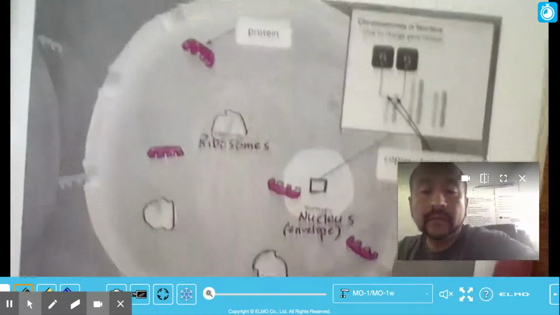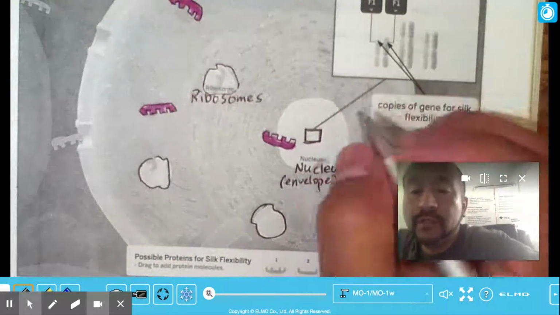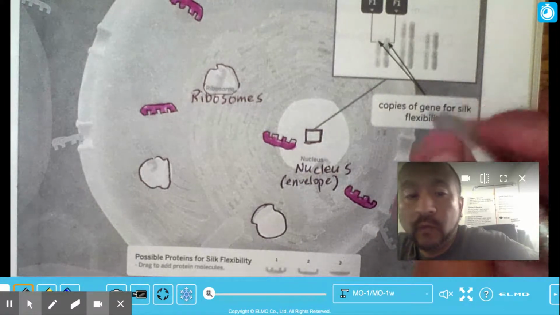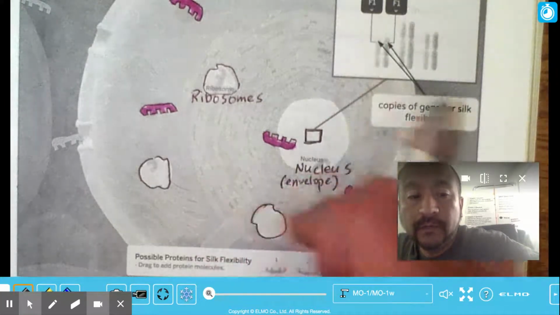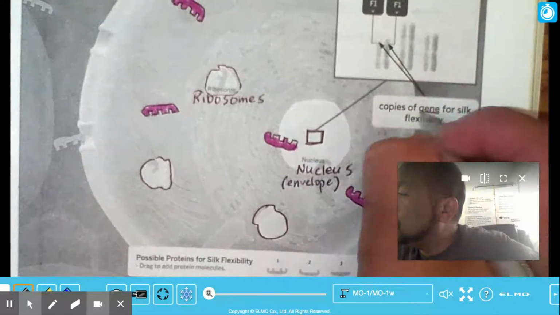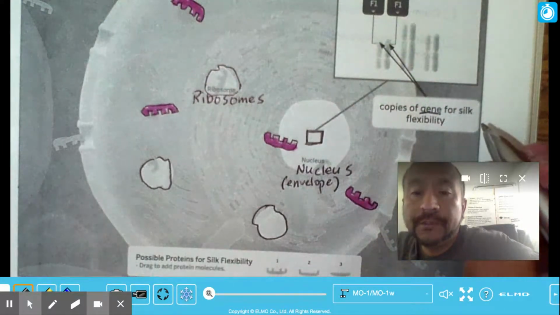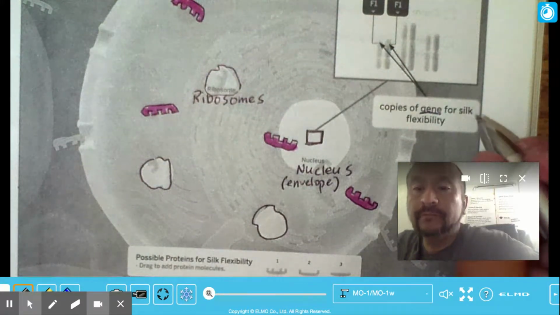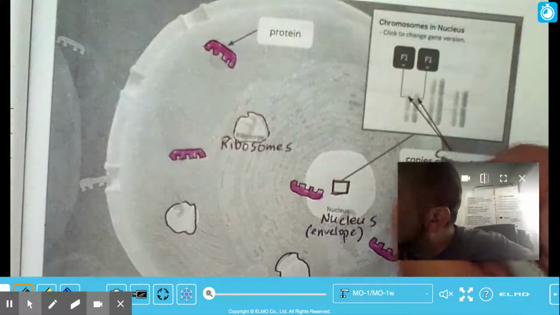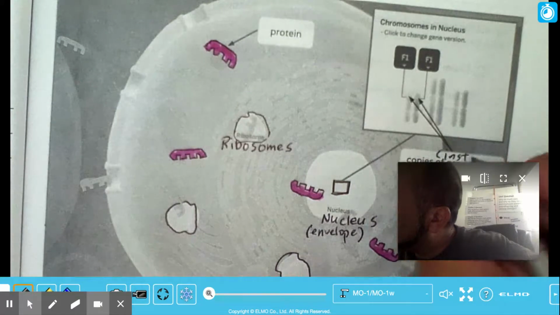Those instructions for what way to build the proteins were the genes. So for the instructions, you would write genes. So we can write instructions here.